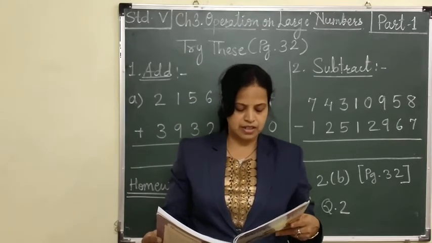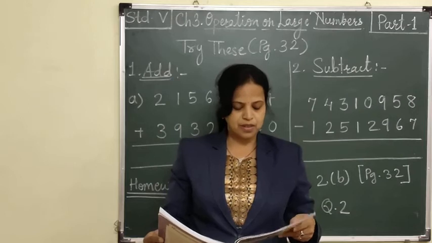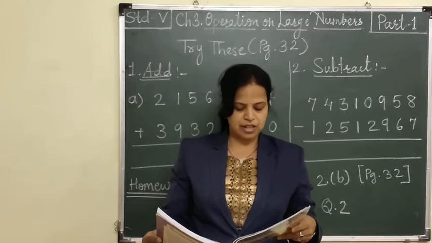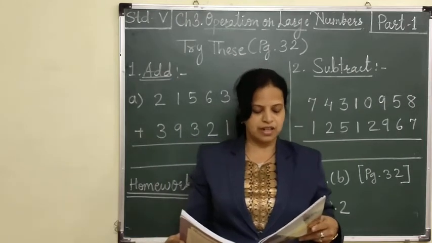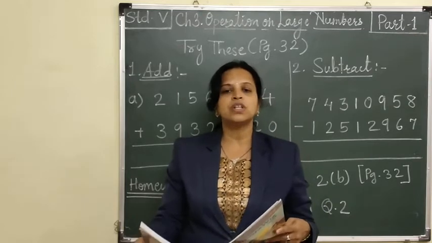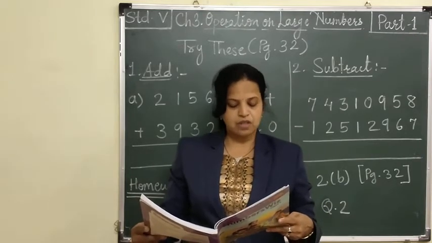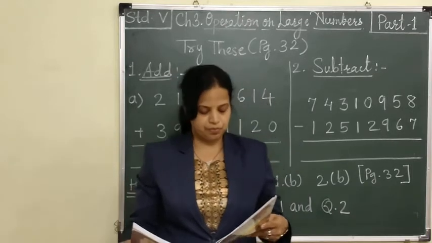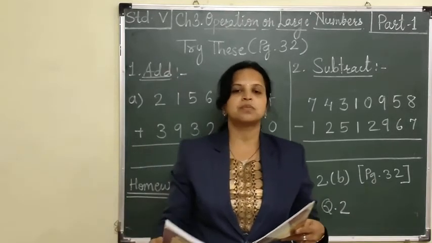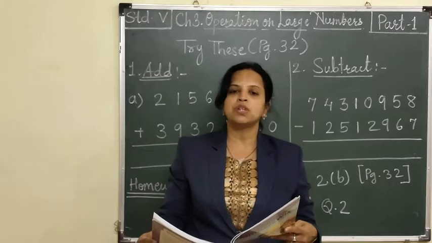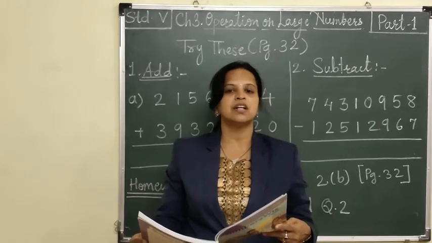That is very easy. Smallest sum, smallest product and largest quotient. Try to understand. Sum means the result of addition; wherever the addition sums are there, find which is the smallest sum. Product means when you multiply two numbers, as a result you get the product.